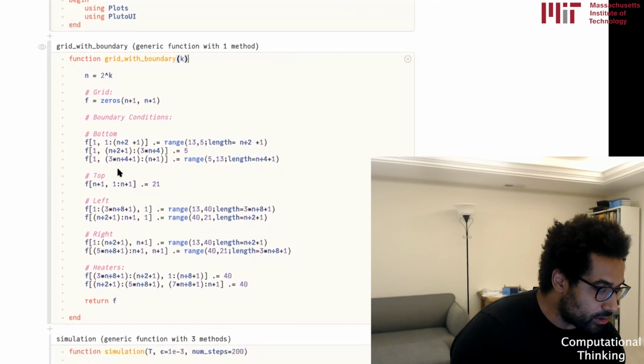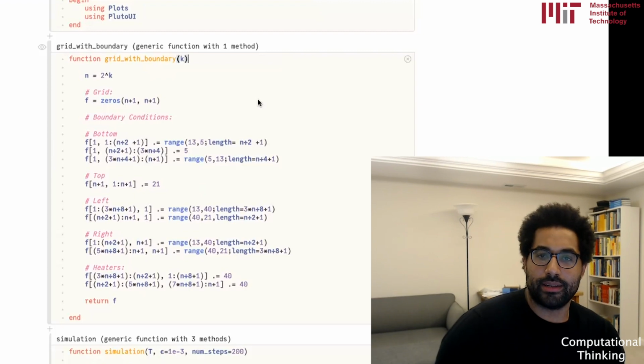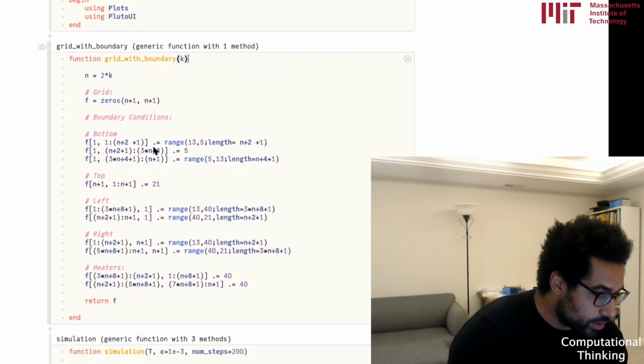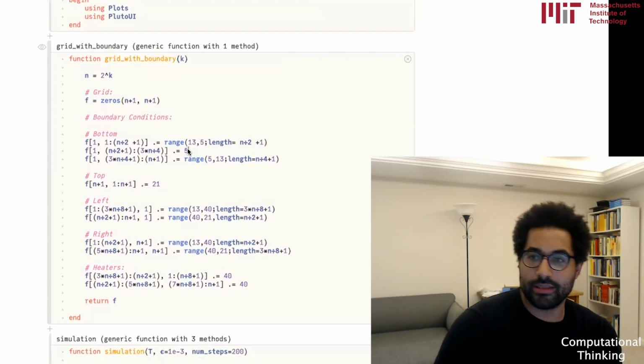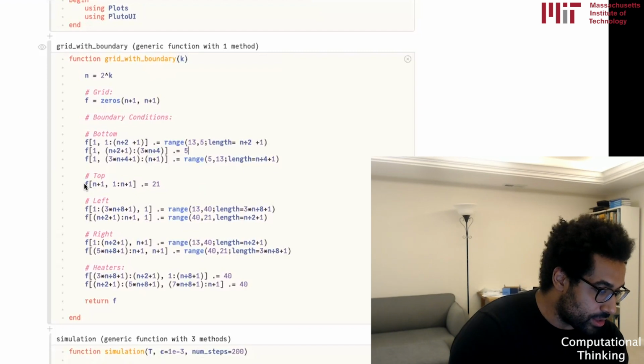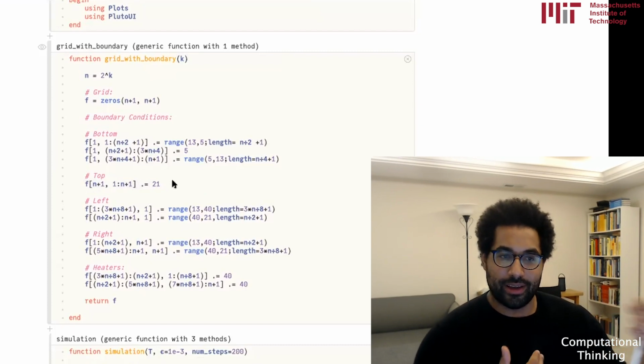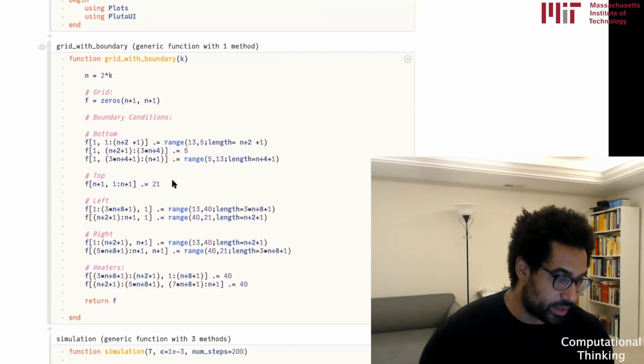And now I've also added boundary conditions that correspond to the sides of the room. Here the 5 corresponds to the window being 5 degrees Celsius. The 21 corresponds to the wall away from the window being 21 degrees Celsius.